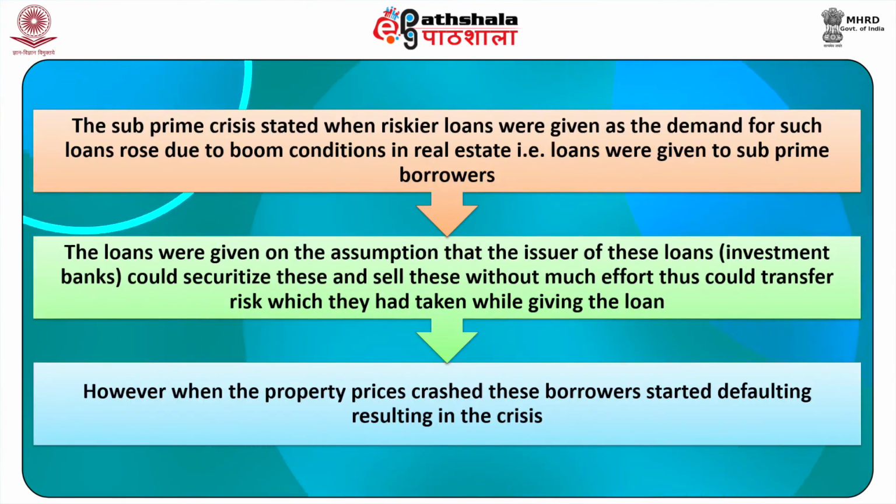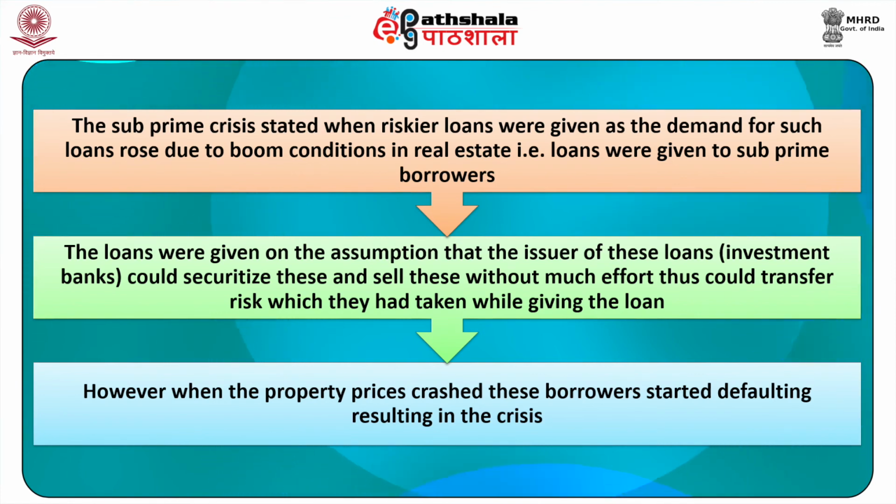The second crisis, the subprime crisis, occurred basically when riskier loans were given, as the demand for such loans rose due to boom conditions in real estate, which means loans were given to subprime borrowers, which means borrowers who were not so healthy in their balance sheets.